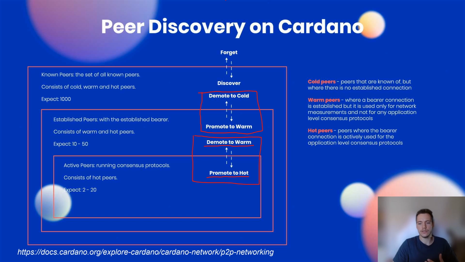So this is the way the node constantly attempts to always have the best possible connections for hot peers. And it's also why it makes sense to have the transitions between known peers and established peers. The warm peers are constantly being refreshed, and with those refreshed warm peers, the hot peers are also being refreshed in order to build the best possible topology for the node.